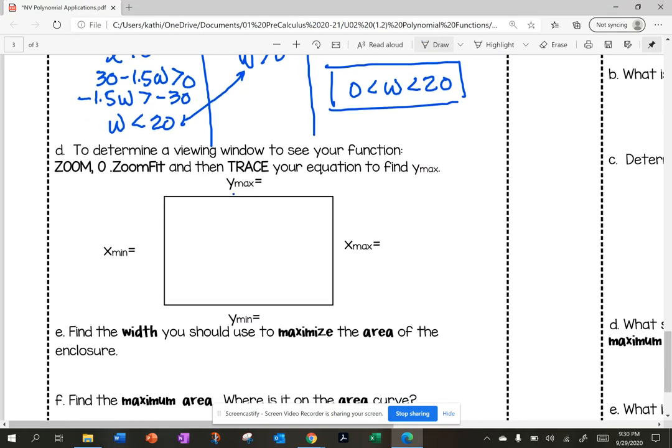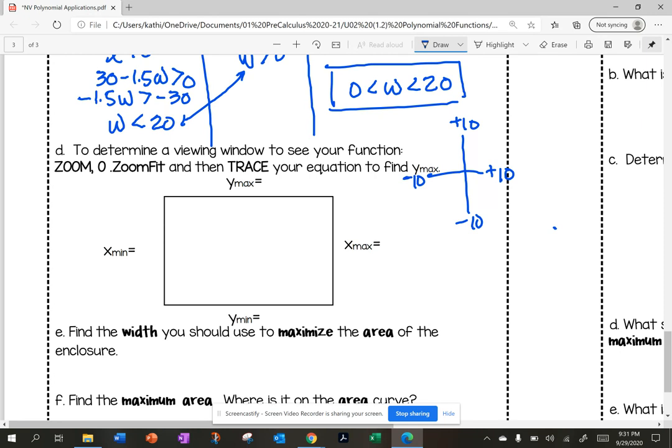Okay, so next, I want to find a viewing window to see my function and trace the equation. By default, we go from minus 10 to plus 10, both in the X and Y direction.